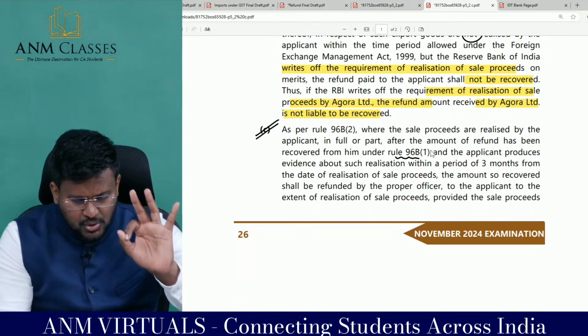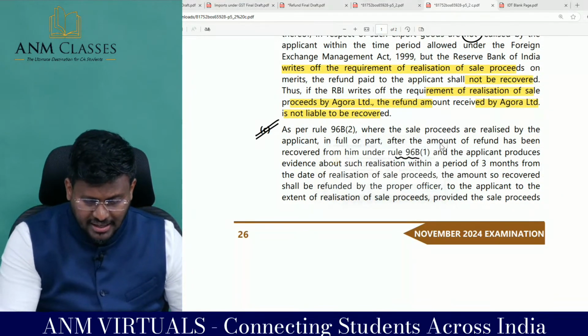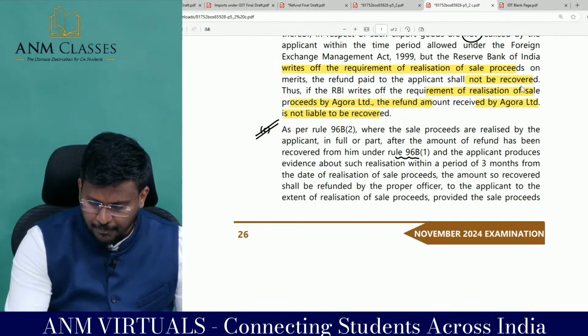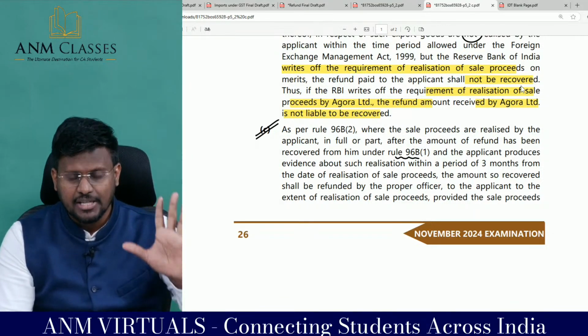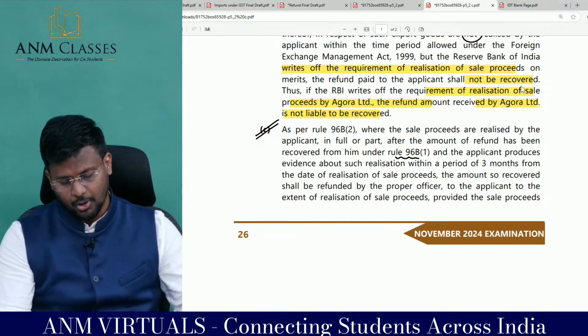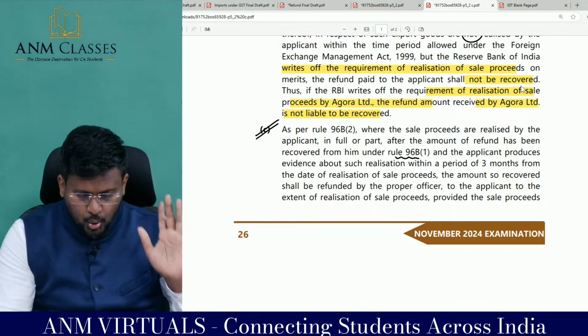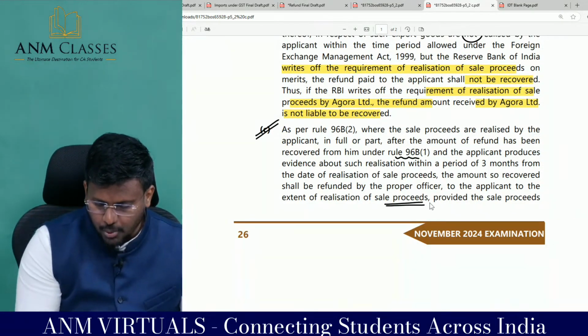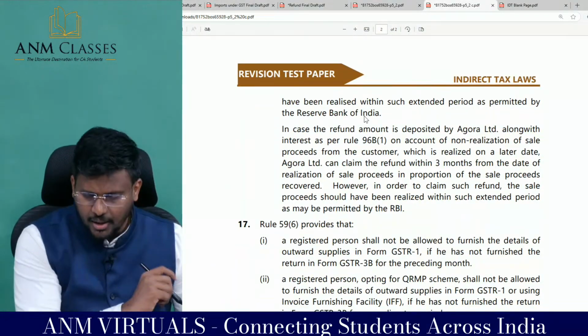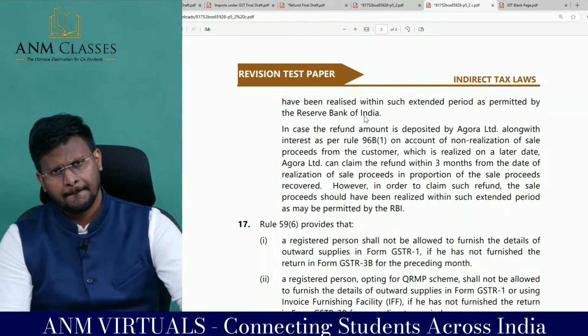And the applicant produces evidence about such realization within a period of 3 months, my dear lovable students, from the date of realization of sale proceeds. The amount so recovered shall be refunded by the proper officer to the applicant to the extent of realization of sale proceeds, provided the sale proceeds have been realized within such extended period as permitted by RBI.